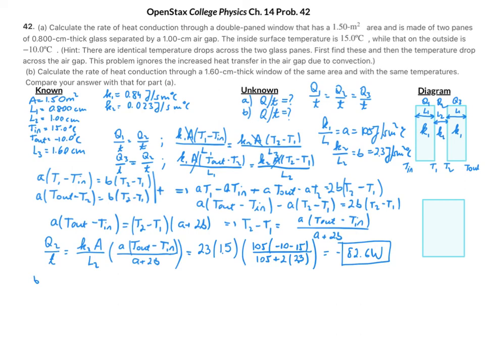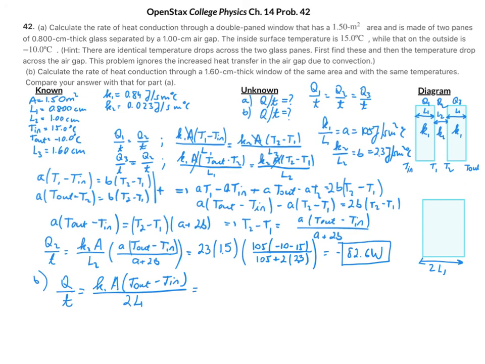Now in part B, we have a different pane of glass, and it has a thickness that is the 2L1 that we had before. So now Q over t will be K glass, area of the pane, times T out minus T in, divided by 2L1.